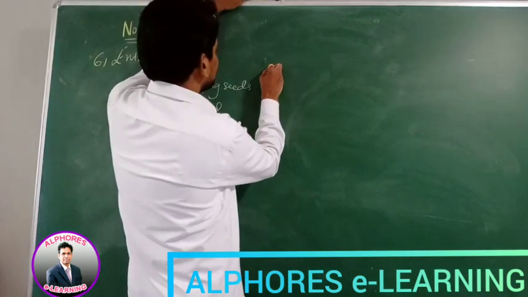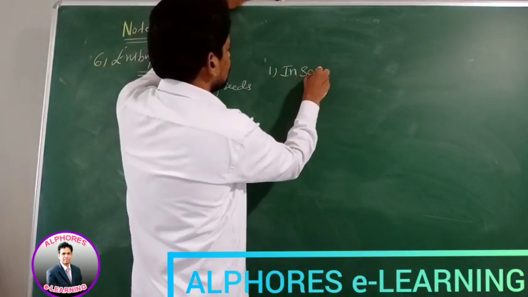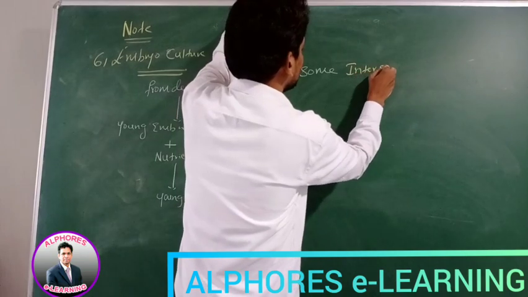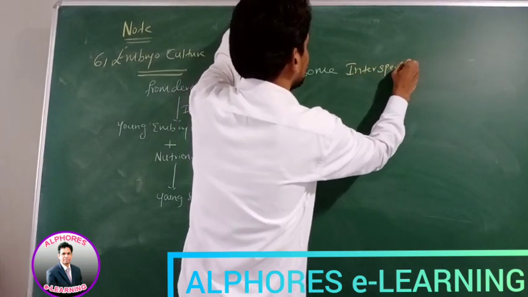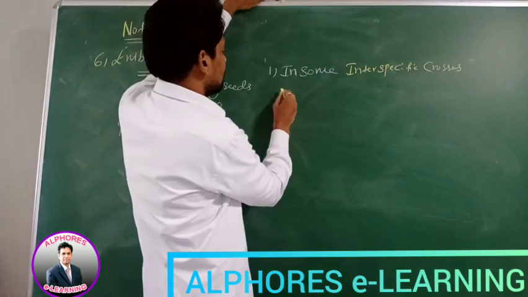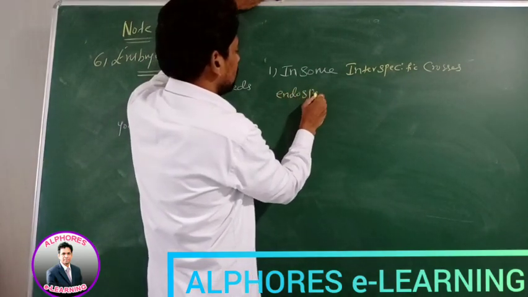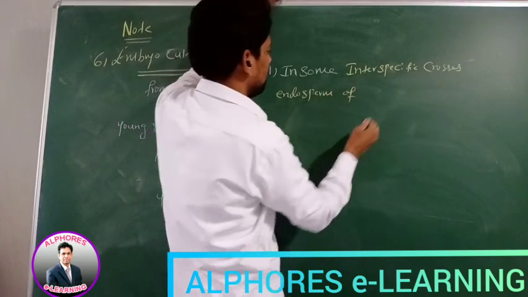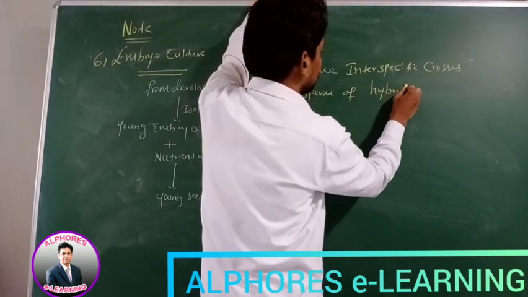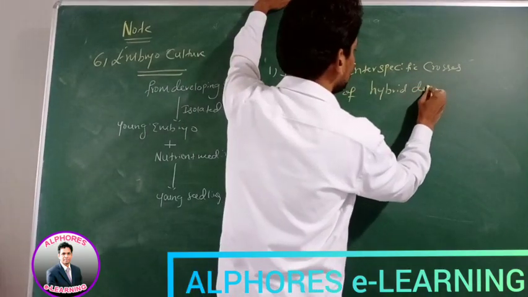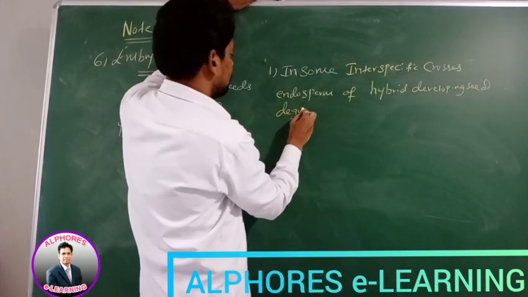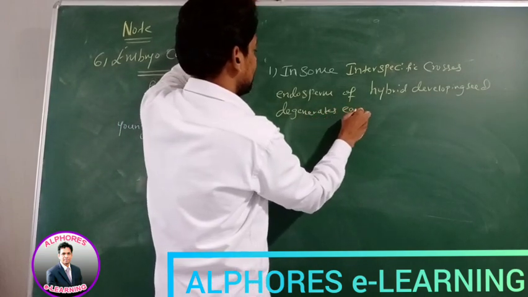Listen. In some interspecific crosses, the endosperm of a hybrid developing seed degenerates early.